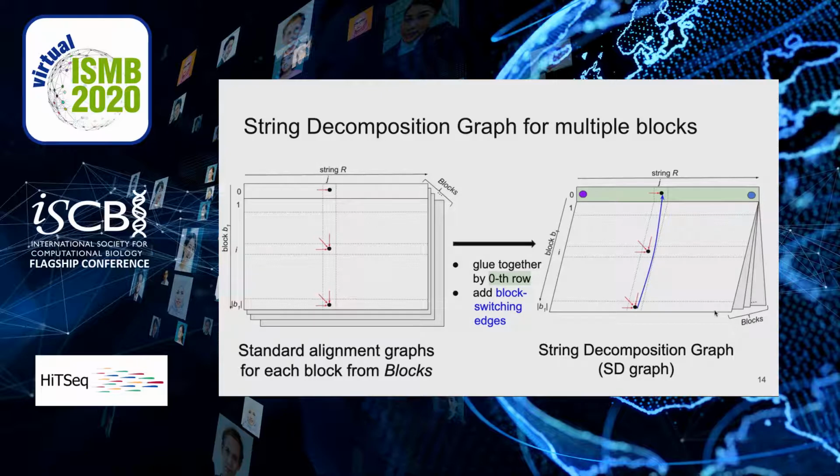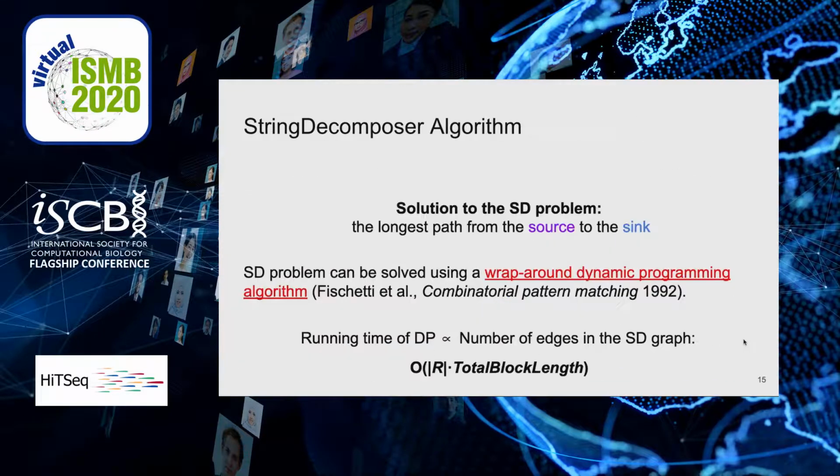In order to build string decomposition graph for an arbitrary number of blocks, we build alignment graphs for all blocks and string R, glue them by zeroth row, mark source and sink vertices, and add block switching edges. In order to find optimal alignment for string R and arbitrary number of blocks, we need to find the longest path from source to sink.